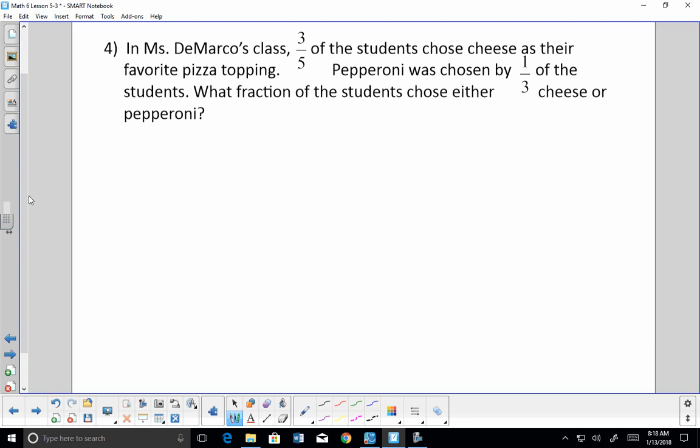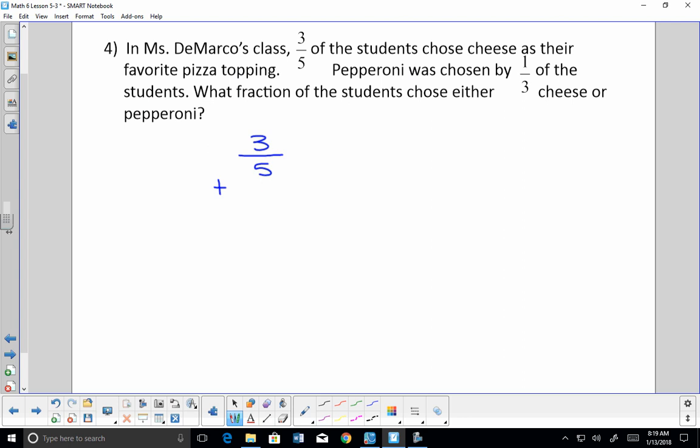Since we're looking for which fraction chose one thing or the other thing, that means we're talking about them being combined. So we can simply add these fractions together. So I can take 3/5 and I can add to this 1/3.